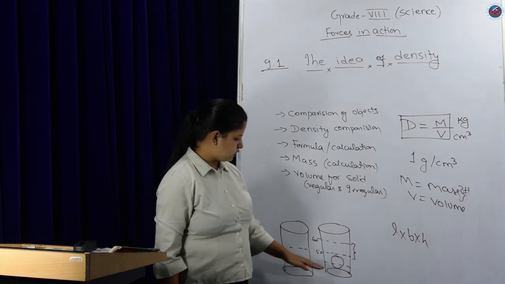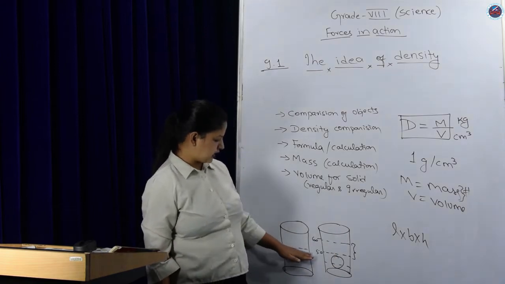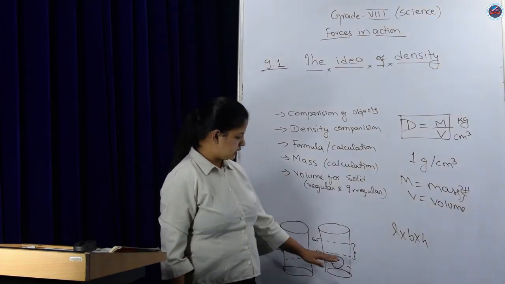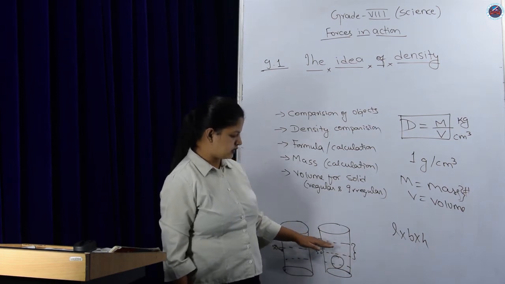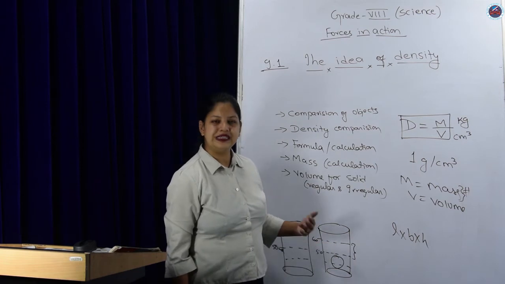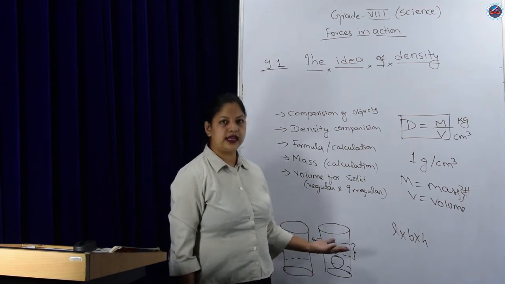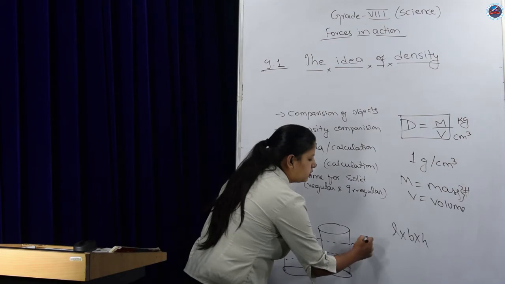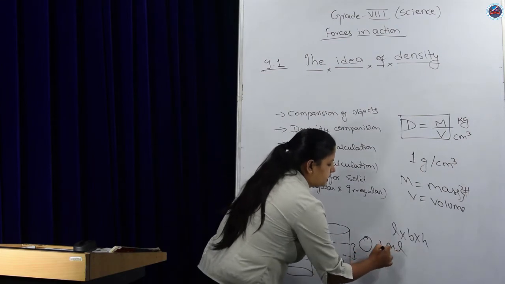While putting it, you can see the changes. This was 50 ml in the beginning, but when you kept it, the water level has risen to 60 ml. That means what is the difference between previous and now? 10 ml. So the volume of that irregular object is 10 ml.